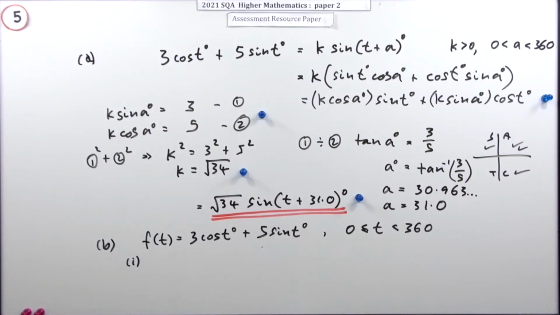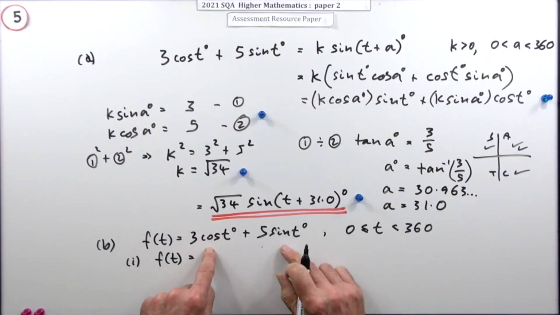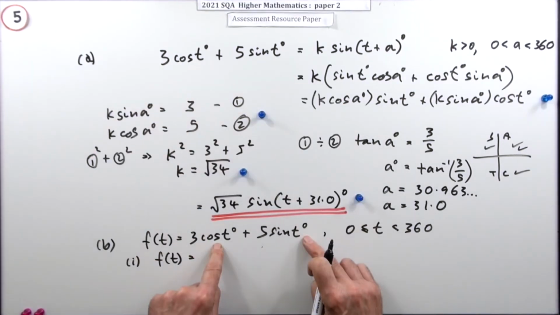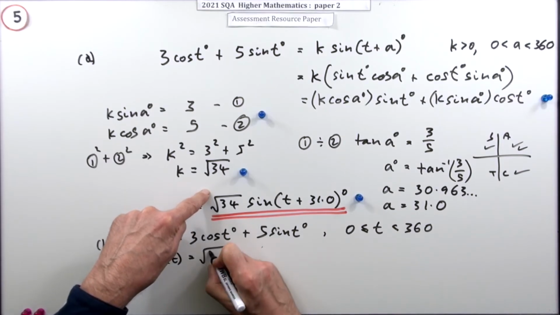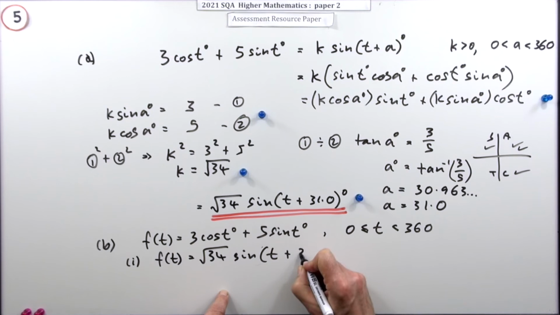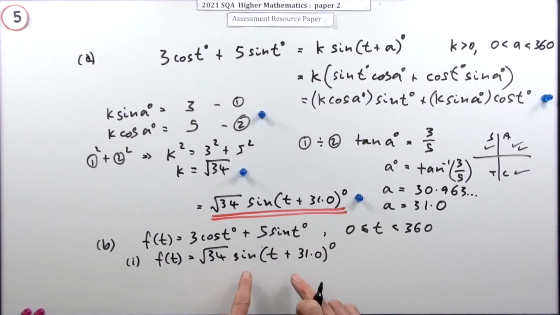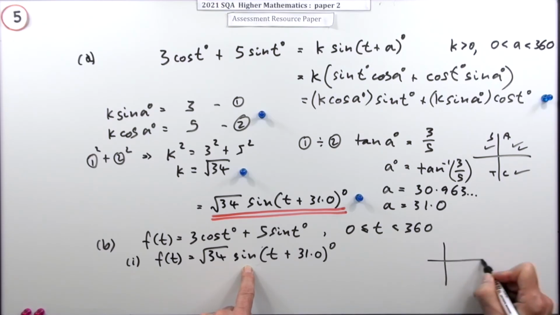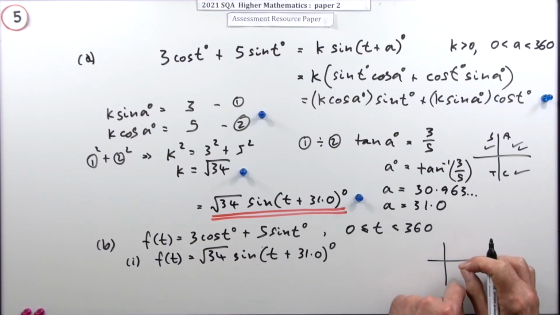Well, the first thing you would do is you say, well, I can simplify that because I now know that that thing is equal to this. It's equal to root 34 sine t plus 31.0 degrees. And you know what that looks like. That's just your normal sine graph. That's been stretched up.